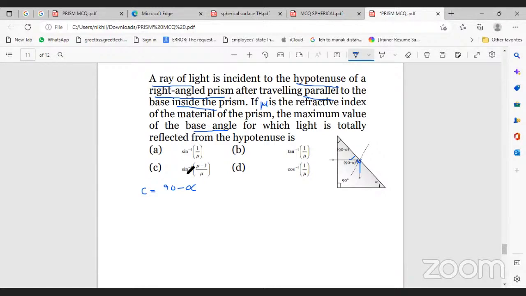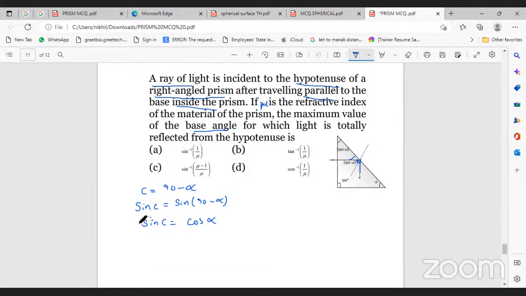Now, how do you define sin C in terms of mu? I can take sin on both sides. Sin C is equal to sin of (90 minus alpha), which is cos alpha.